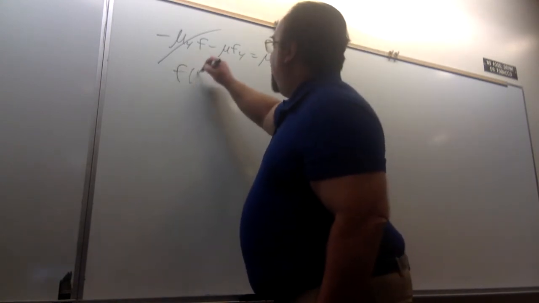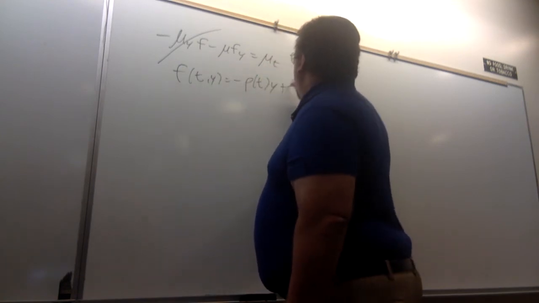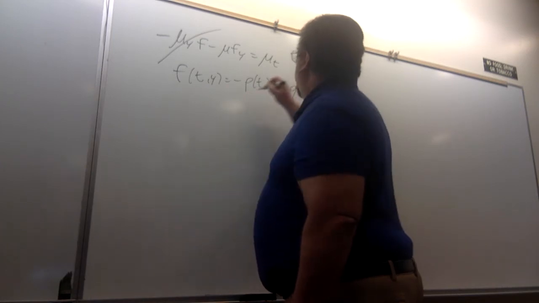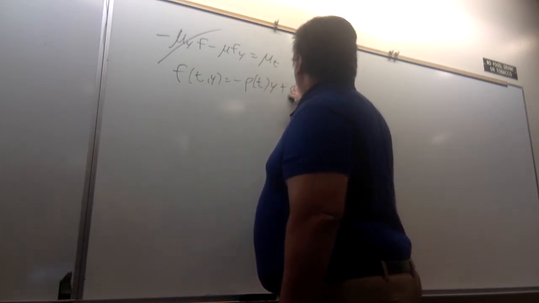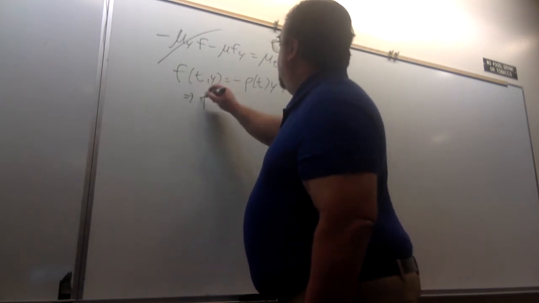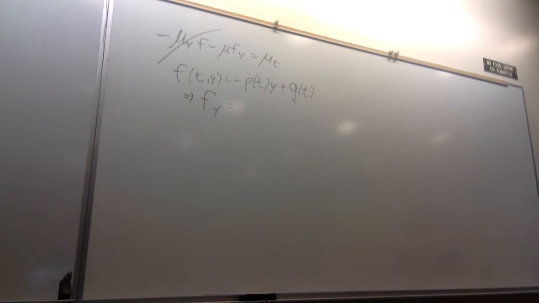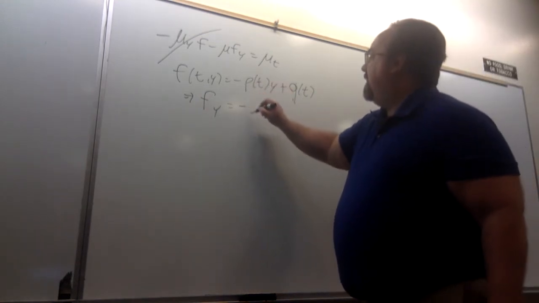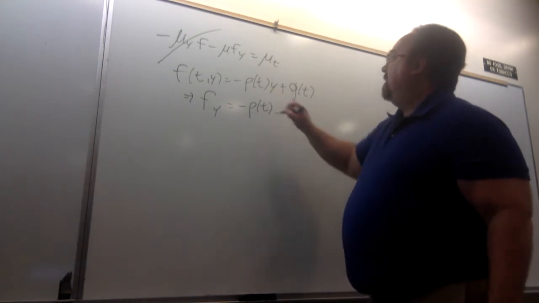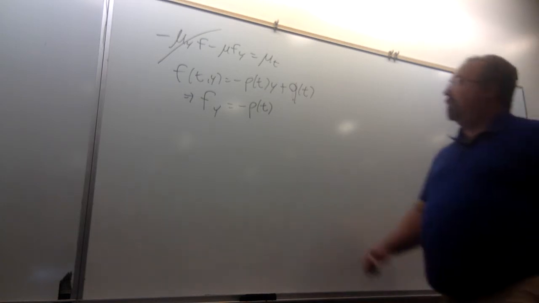So if f of t, y is equal to minus p of t, y plus q of t, then the derivative of this function with respect to y, anything that depends on t is considered a constant. So it's just going to be minus p of t. So that's going to simplify things considerably also.